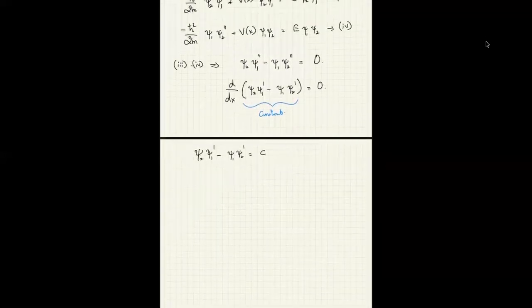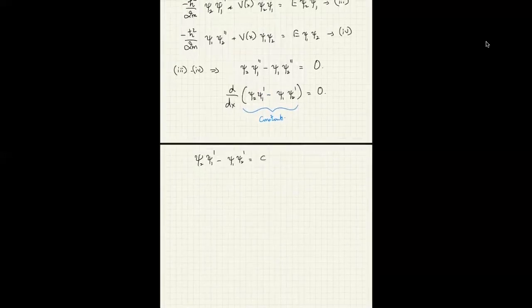But I can actually go further and determine what this constant is. Since the right hand side is a constant, the left hand side should be equal to C no matter where I evaluate this quantity. So I'll evaluate it at x equal to plus minus infinity. Obviously the left hand side is 0 because I'm dealing with bound state wave functions that vanish at x equals plus minus infinity.